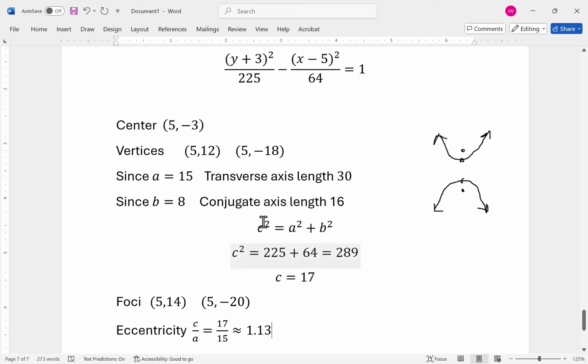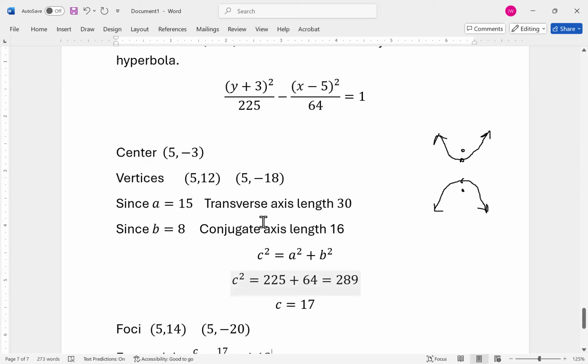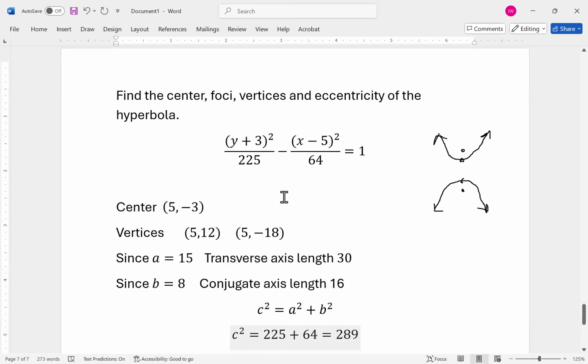Now, if you did want to find the asymptotes in this case, the problem didn't ask for asymptotes, but if you did, since the a of 15 is the part underneath the y, and the 64, b squared, is underneath the x, what we would do is take the ratio of the piece underneath the y divided by the piece underneath the x, and that would be our slope.